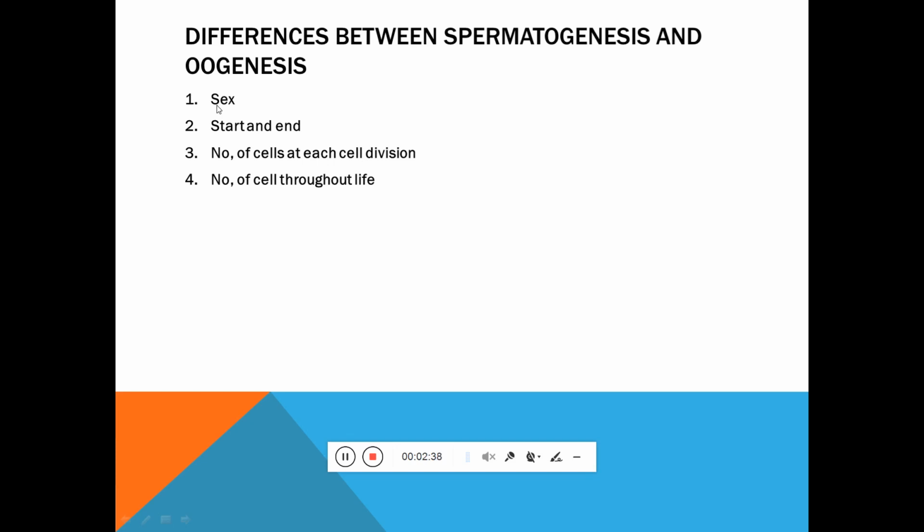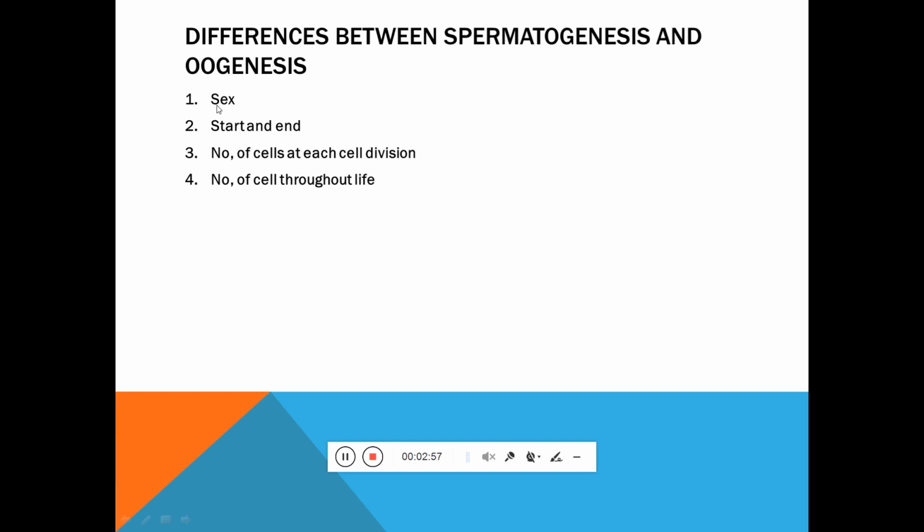Now, considering the number of cells, there is a difference. In spermatogenesis, the number of cells received at the end of the cycle is 4.